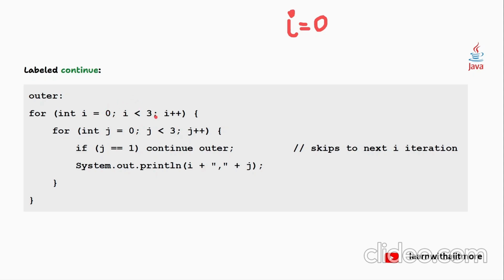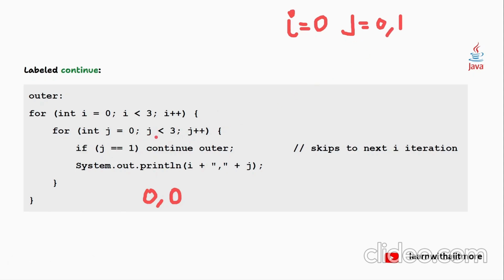Is 0 less than 3? Yes, come inside. J loop starts. j becomes 0. Again, is 0 less than 3? Yes, come inside. But is j 1? No. So print the i and j combination, that is the 0 0 combination. After printing the 0 0 combination, it will come to j plus plus and make j as 1.